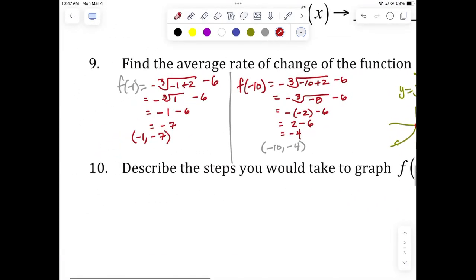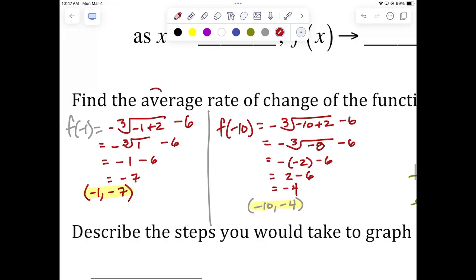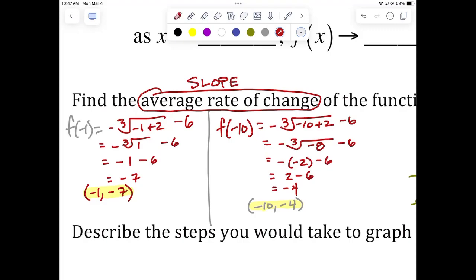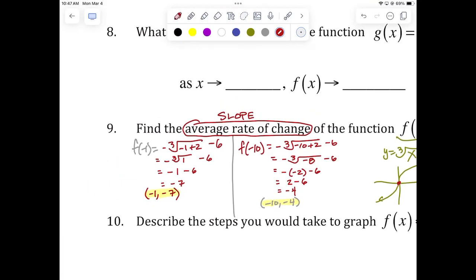All right, now I'm almost there. What do I do once I have my 2 points? I just need to find the what of those 2 points. What's another name for average rate of change? Slope, baby. Slope. It's just the slope. So let's go ahead and do it right here. I'm going to call it m, the slope. It's just the change in the y over the change in the x. Does it matter which point we start with?